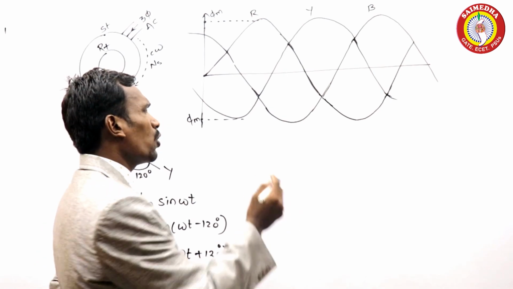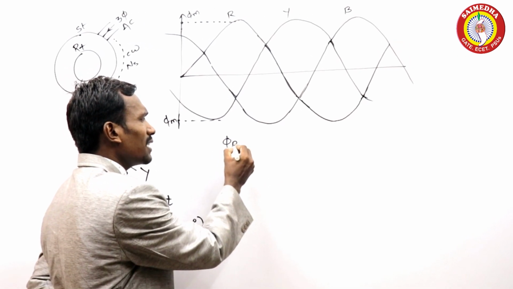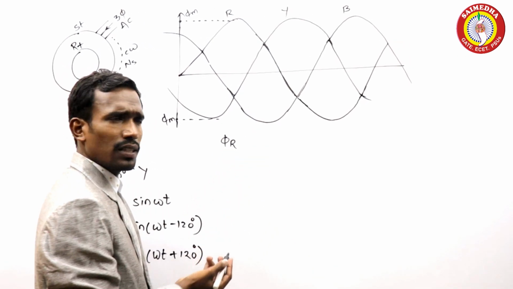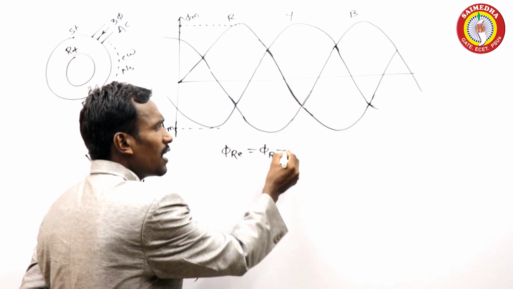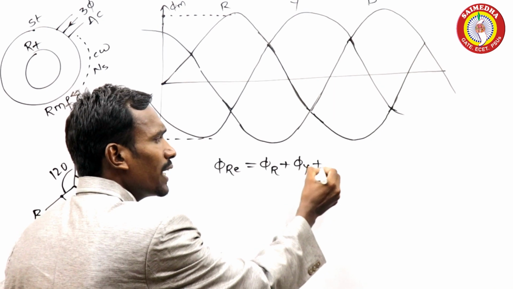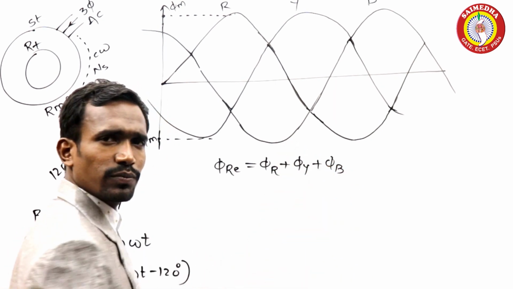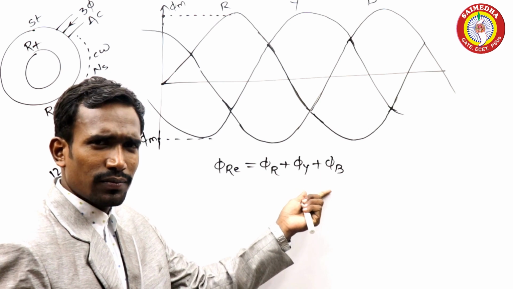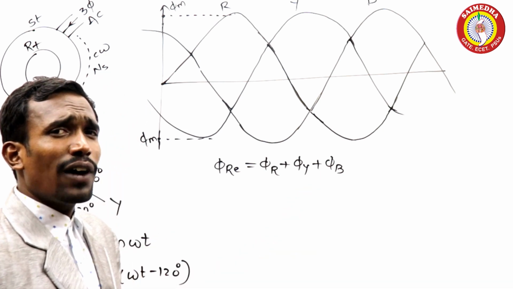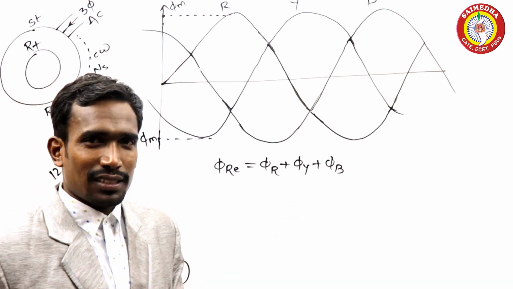Now, I am going to find the resultant flux. The resultant flux is equal to phi R plus phi Y plus phi B. Generally, we have a formula to add two vectors.